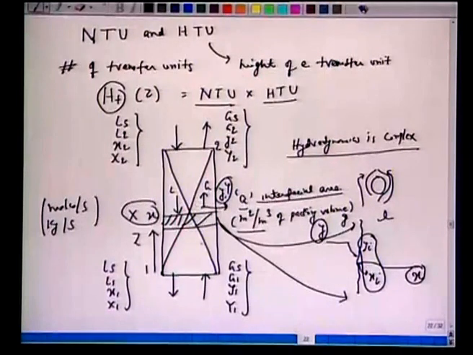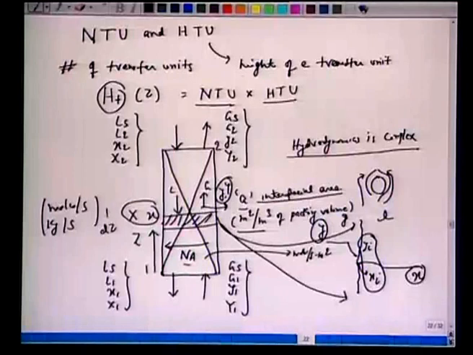Okay. There is a transfer of the species, flux NA. Recall this is mole flux, moles per second per meter square. When the gas flows from this at any location at z, we have taken a differential height dz at which the concentration in the liquid phase is x, in the gas phase it is y.